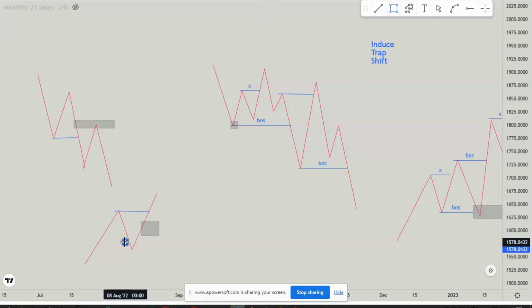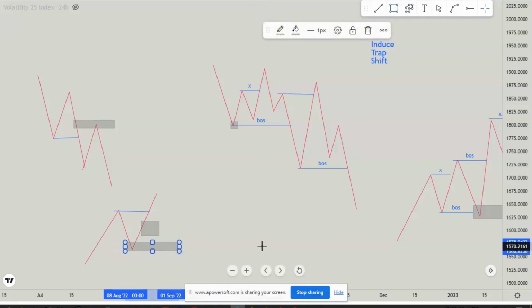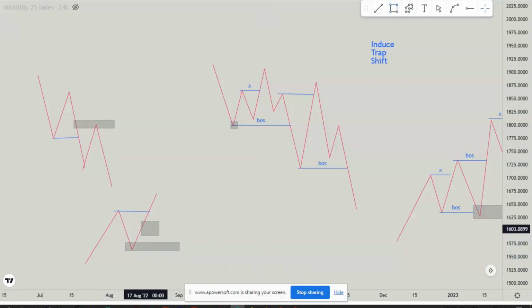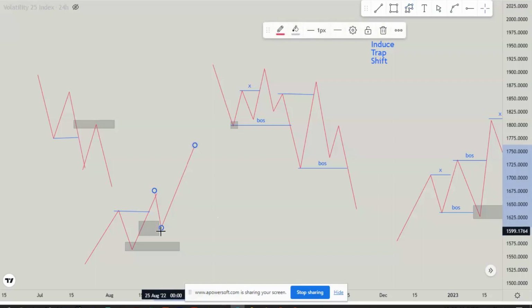This one becomes the area of demand, and within the area of demand we could have a bullish order block, and we could be targeting these points. Why? Because we know from a simple market structure, we move down and then we go back up. Now this one becomes the retracement, this one becomes the impulse.